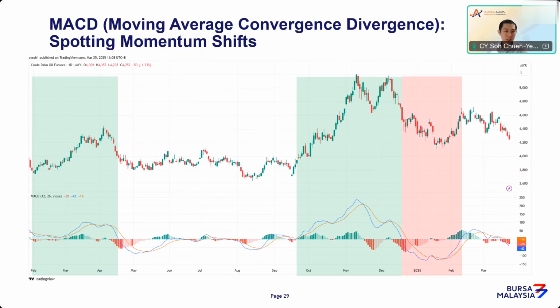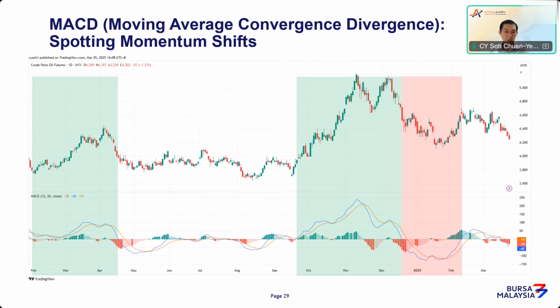Otherwise, the rest of the time when it is below your zero line, it is clearly a downtrend, regardless of whether there is any MACD crossover or not. Okay, very important, you can take a note down. When your MACD line is above your zero line, it means it is an uptrend. MACD below your zero line indicates a downtrend.